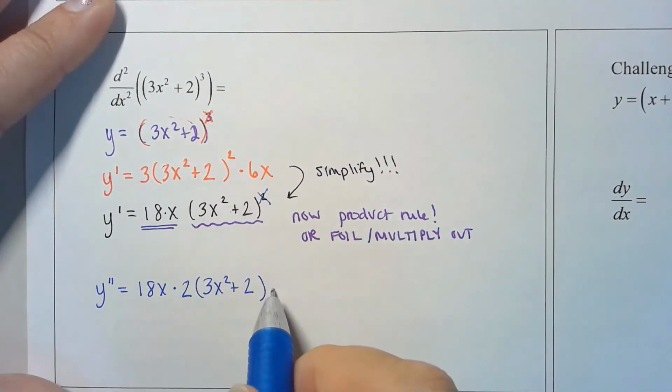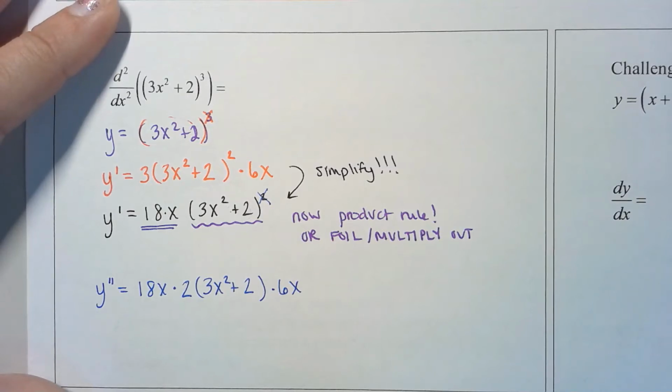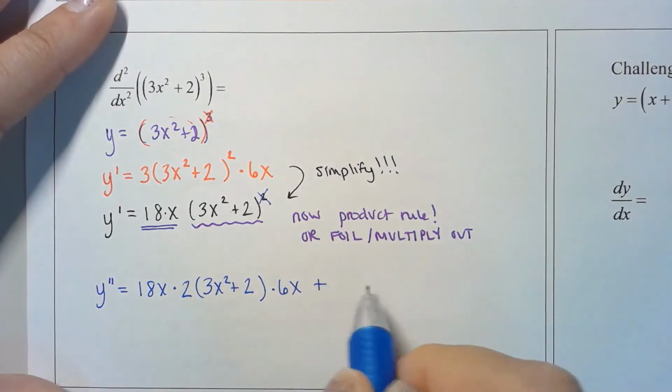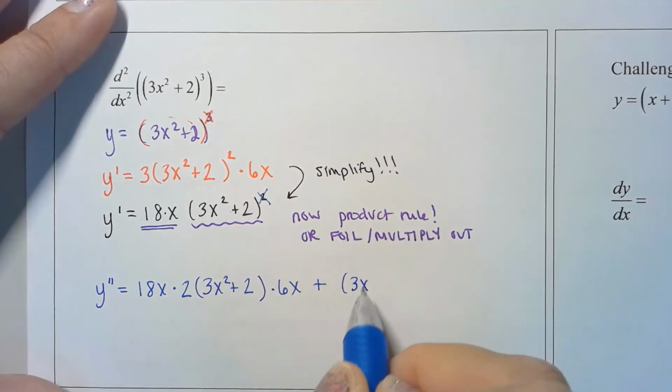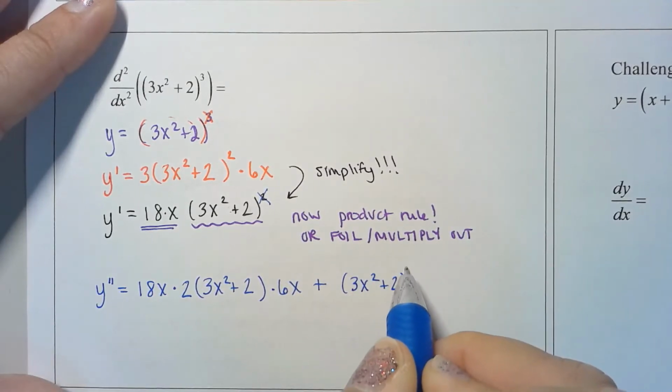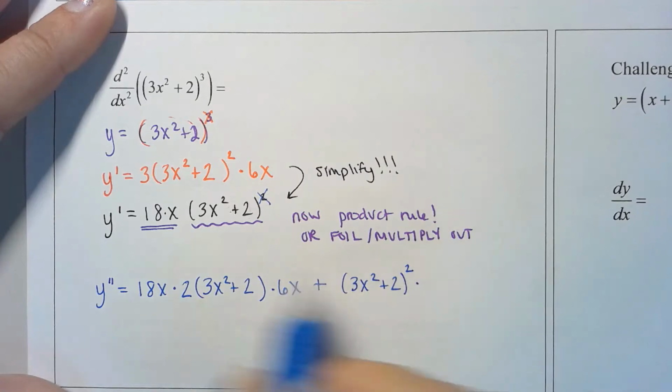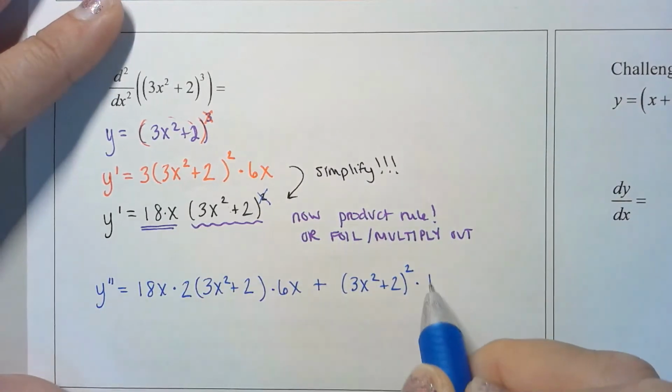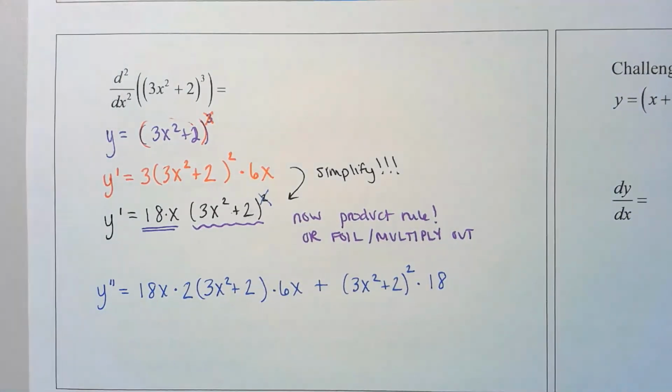And then we need to multiply by the derivative of the inside, which is 6x. Plus the second, which is that (3x squared plus 2) squared, times the derivative of the first, which is just 18. Okay, so we use the chain rule to take the derivative once.